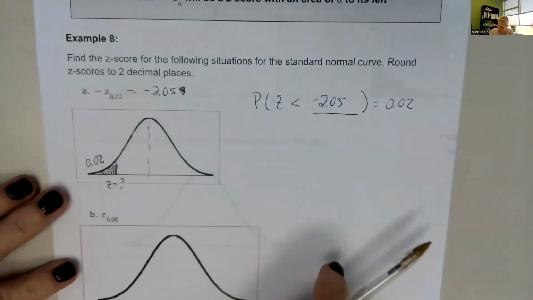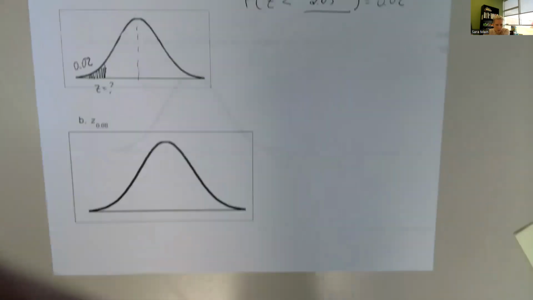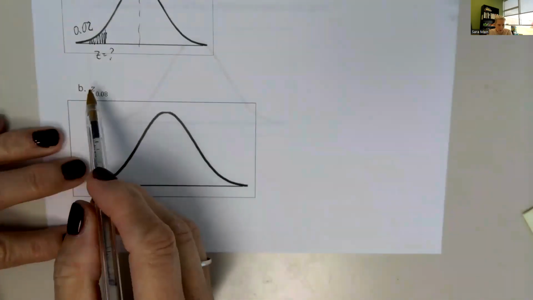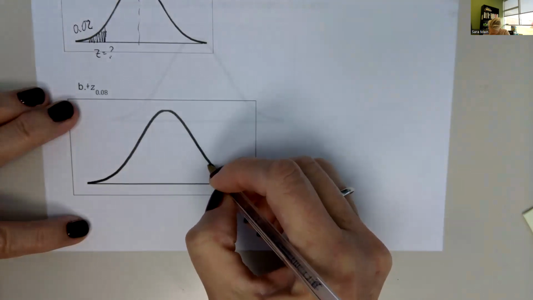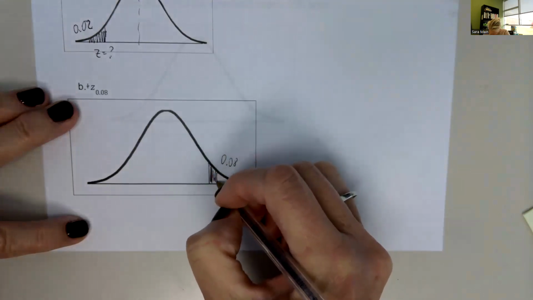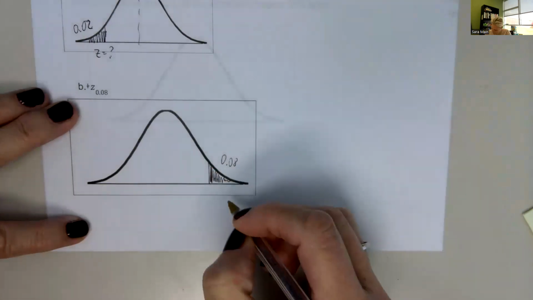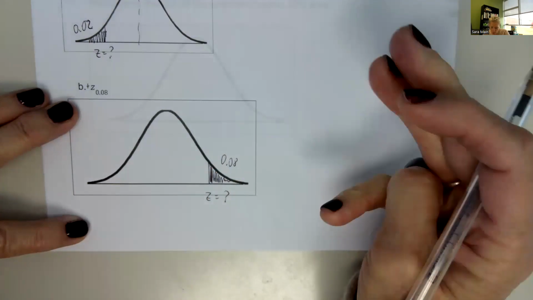Let's look at the next one. It says z of 0.08. So because z is positive, we're talking about 0.08 on the right-hand side. So we want to know, is it greater than this time?